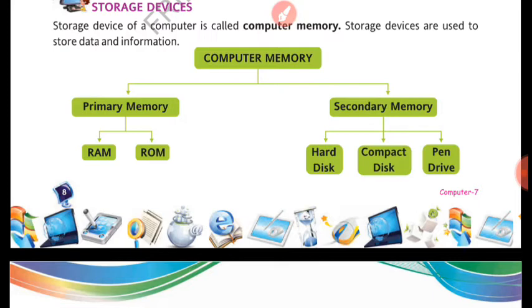Primary memory holds the data temporarily, while secondary memory holds the data permanently. There are two categories of primary memory: RAM and ROM. RAM stands for random access memory and ROM stands for read only memory. Many times you have read about RAM and ROM.